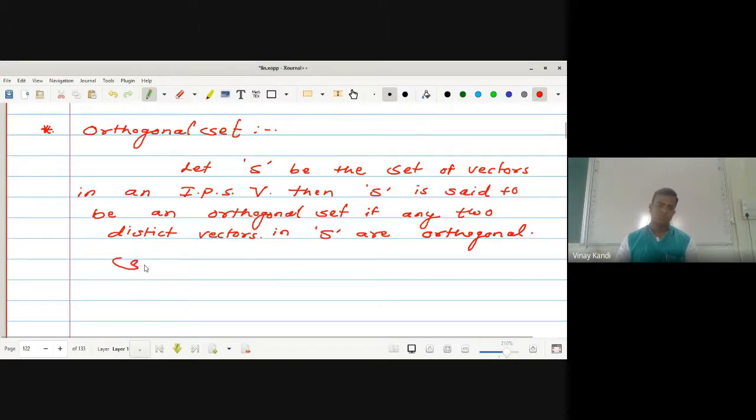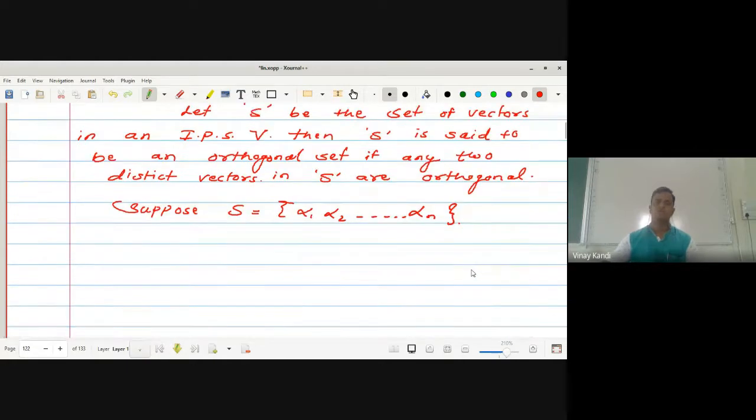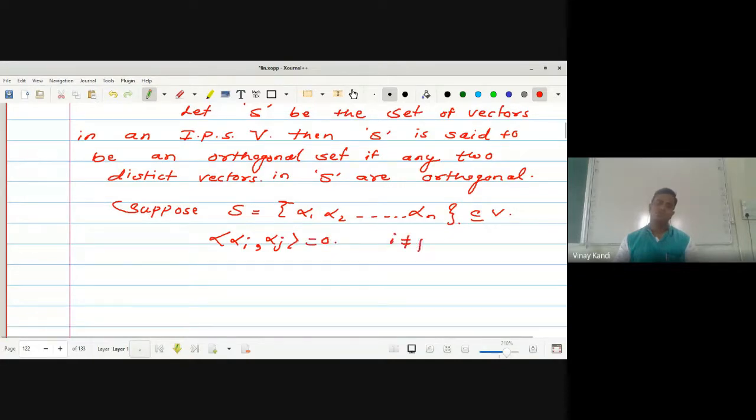Suppose S contains vectors alpha 1, alpha 2, up to alpha n, a set of vectors belonging to V, which is a subset of V. And the inner product of alpha i with alpha j is equal to 0 for i not equal to j.